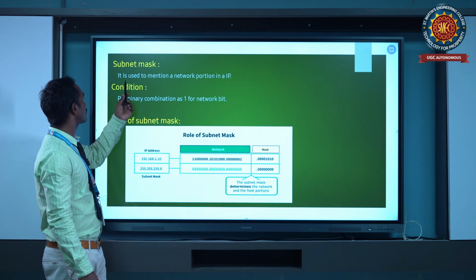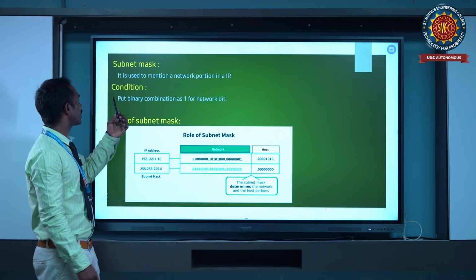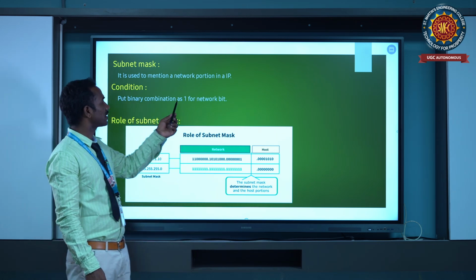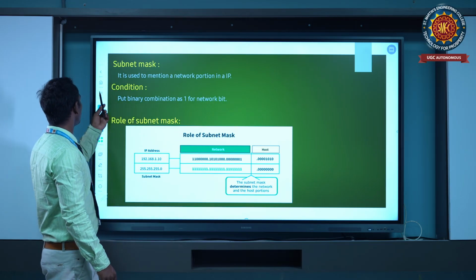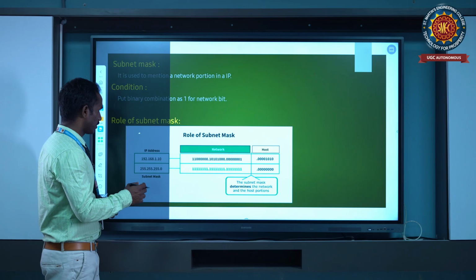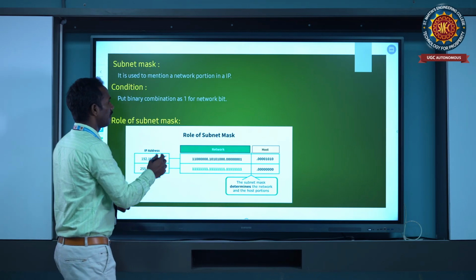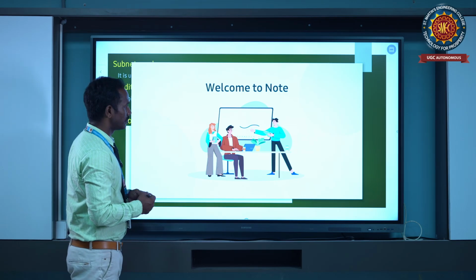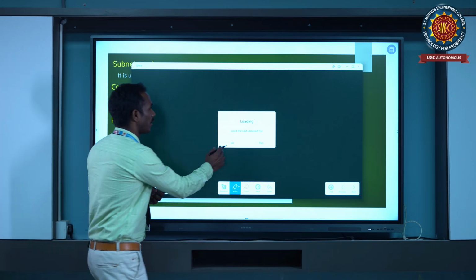The subnet mask is used to mark the network portion in an IP address. The condition is to put a binary combination for the network bits, so in the network portion we have to write the binary combination.